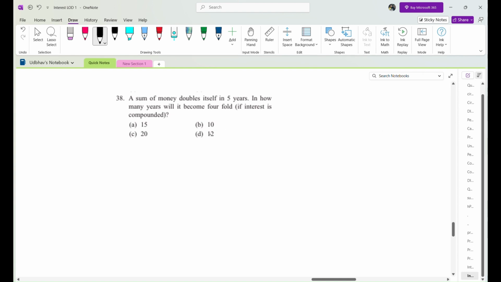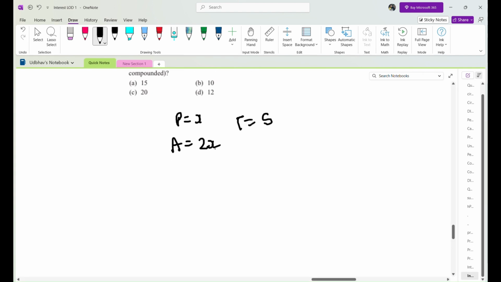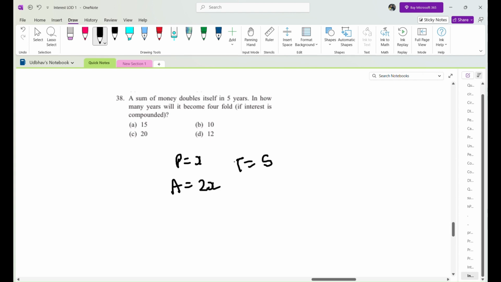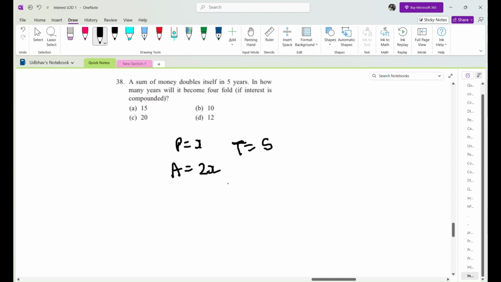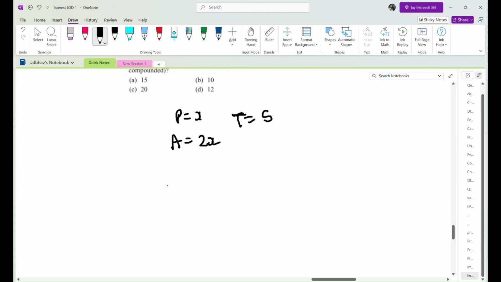A sum of money doubles itself in 5 years. Okay, so again the sum of money is this and it doubles itself in 5 years. In how many years will it become 4 times if the interest is compounded? Okay, so here it is compound interest, so we can just use the formula.